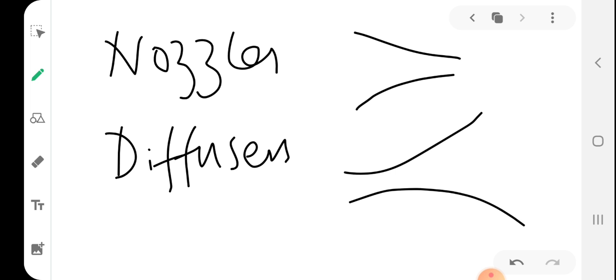Diffusers try to increase the area; there may be a gradual increase in the area. So as of now, you just understand that nozzles and diffusers are the most common examples of flow devices in which the passage cross-sectional area changes in the flow direction. Okay.